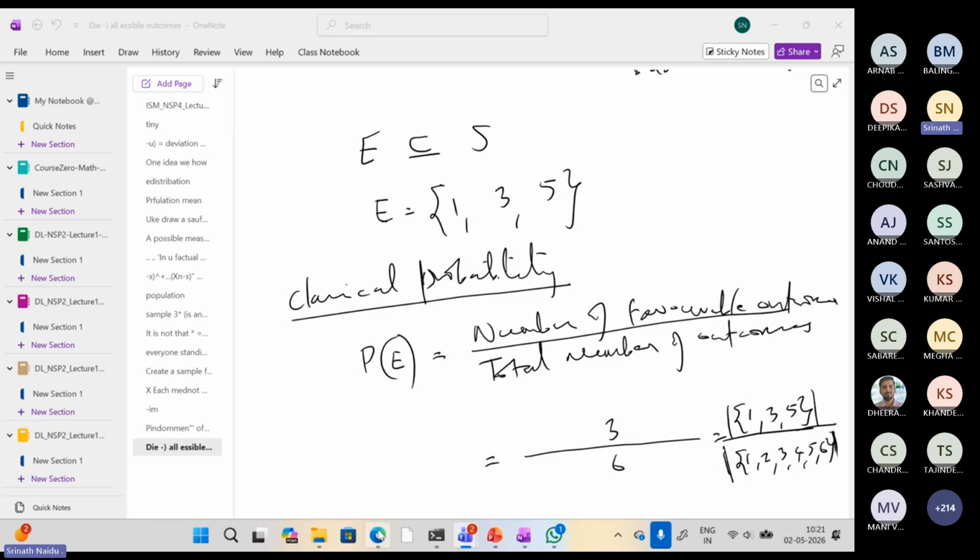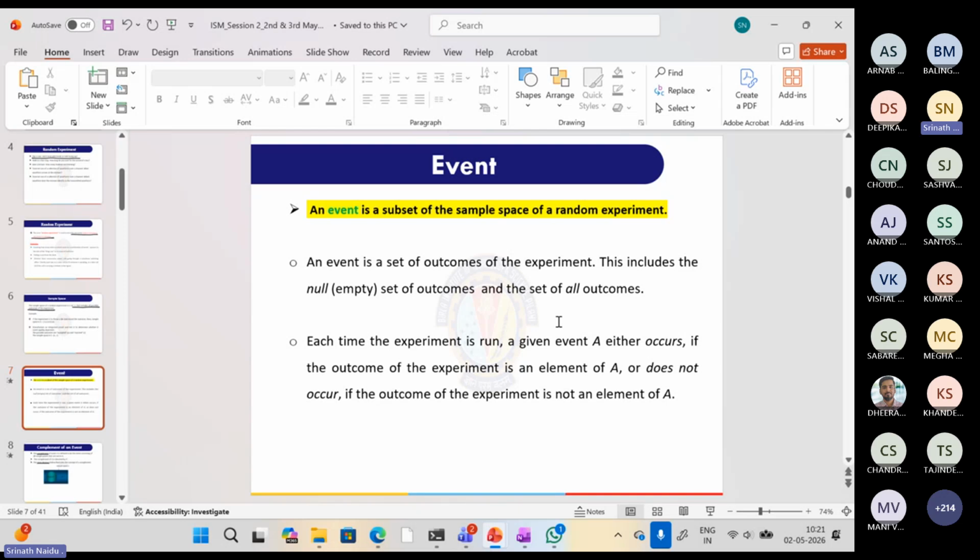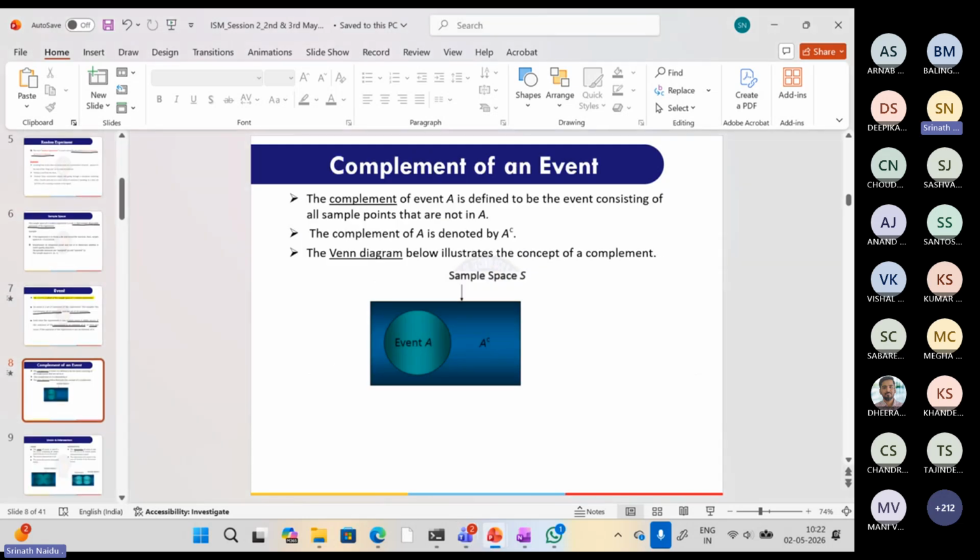So just to summarize the discussion, first of all, what is an event? It is a set of outcomes of the experiment. This includes the null set of outcomes and the set of all outcomes. So each time the experiment is run, a given event A either occurs if the outcome of the experiment is an element of A, or does not occur if the outcome is not an element of A. You had this notion of experiments, outcomes, and so on.